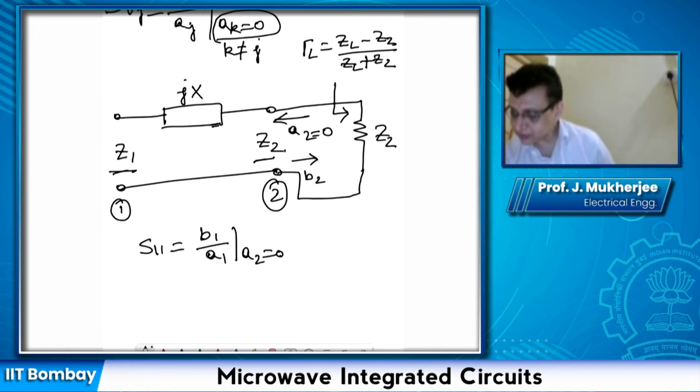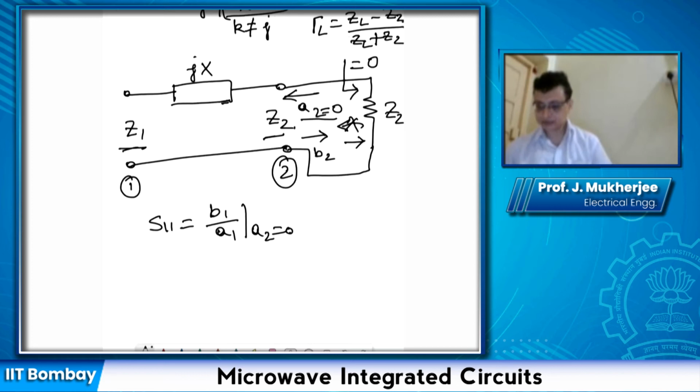Now in this case ZL is equal to Z2, that's why gamma L is equal to 0. So any wave that is incident on this load would not be reflected back, and that's why we can ensure that A2 will be equal to 0.